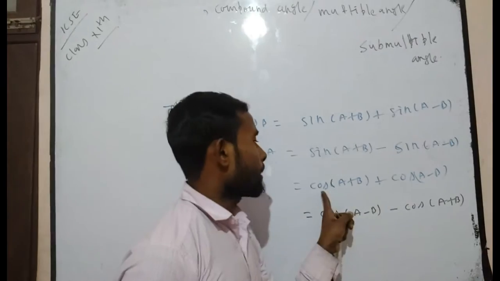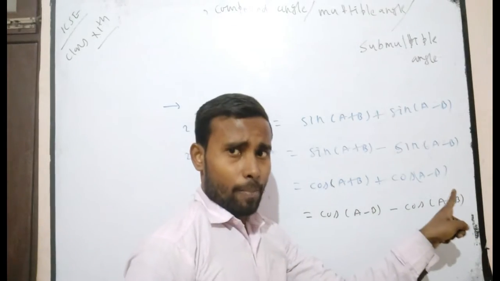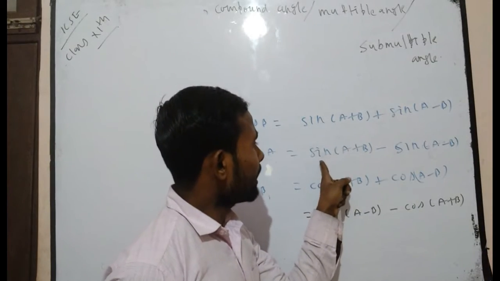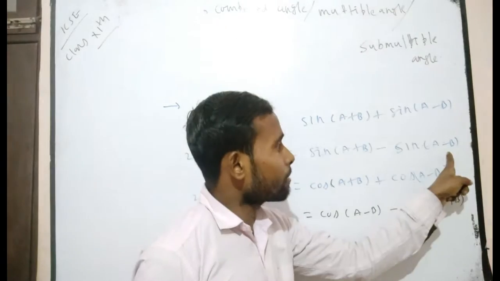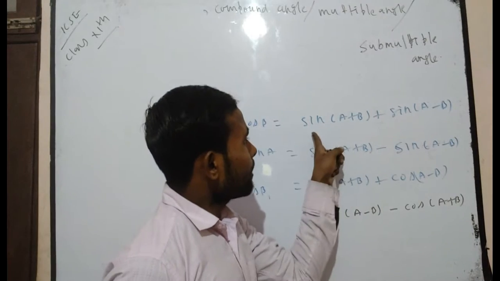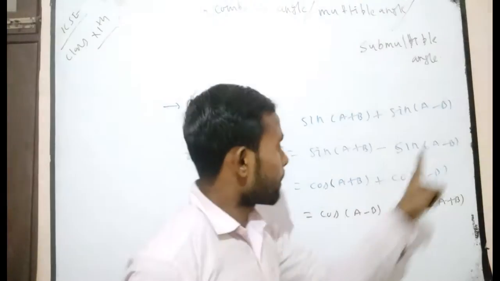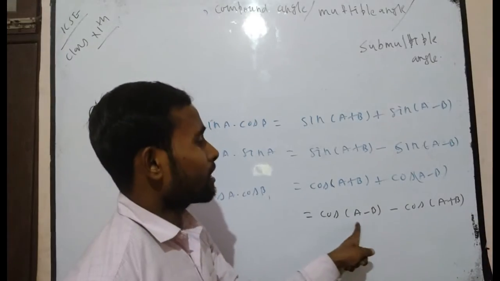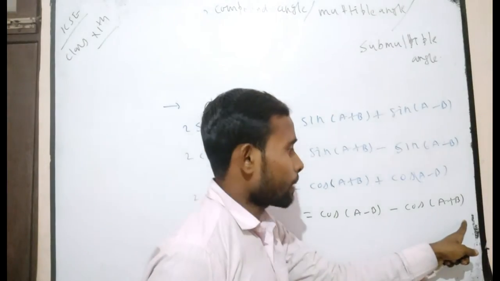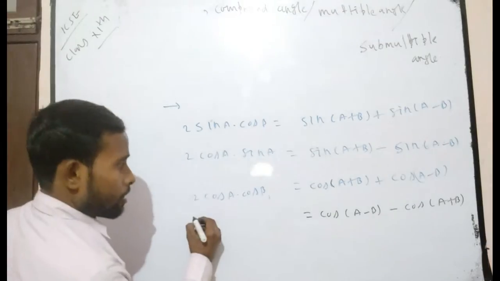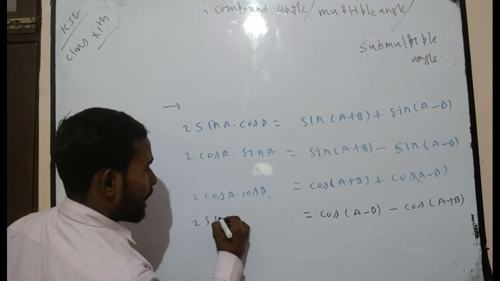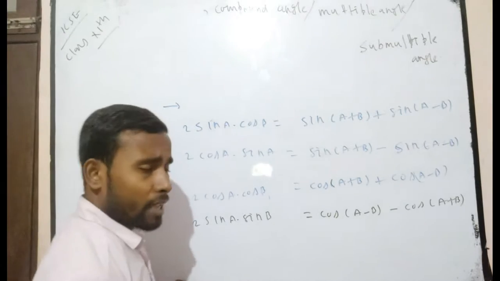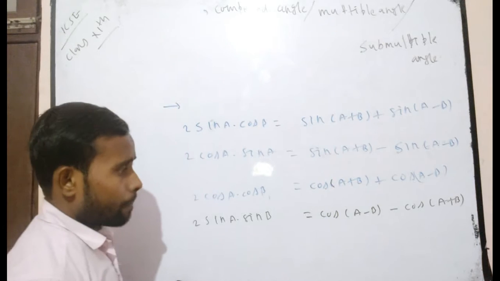Above I have written cos(a plus b) plus cos(a minus b), before that sin(a plus b) minus sin(a minus b), and above it sin(a plus b) plus sin(a minus b). Below each of them I have written cos(a minus b) minus cos(a plus b), which is simply 2 sin a into sin b.